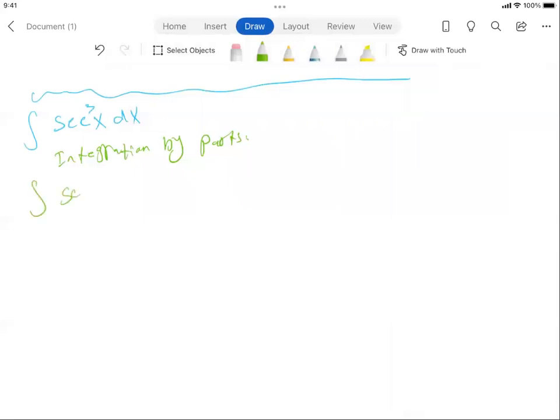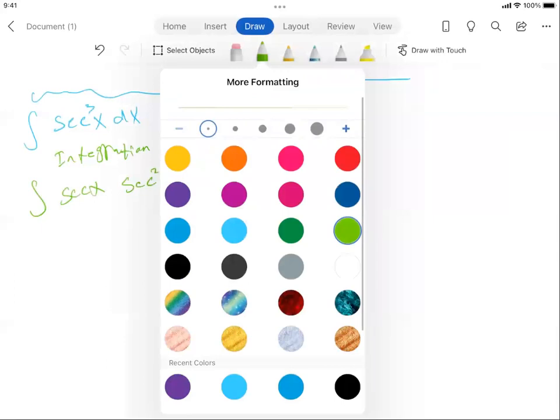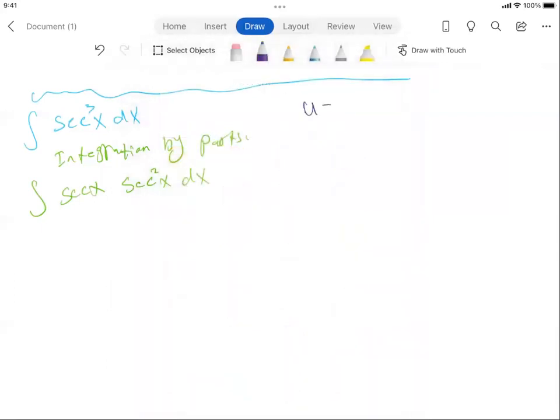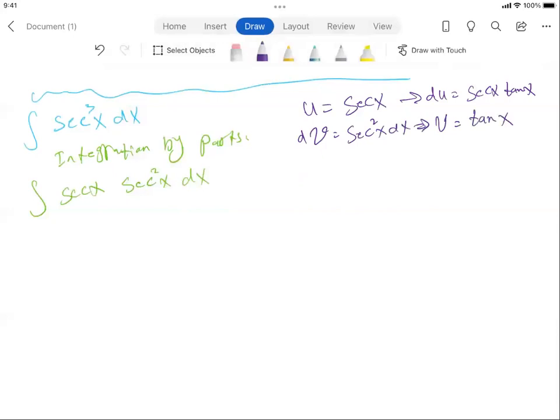Here's how we're going to break it. I will put secant of x and secant square of x dx. Well, we know the derivative of secant of x, and we know the integral of secant square of x. So I will set my u to be secant of x, then du is secant of x tangent of x, and dv equals secant square of x dx, then v equals tangent of x.